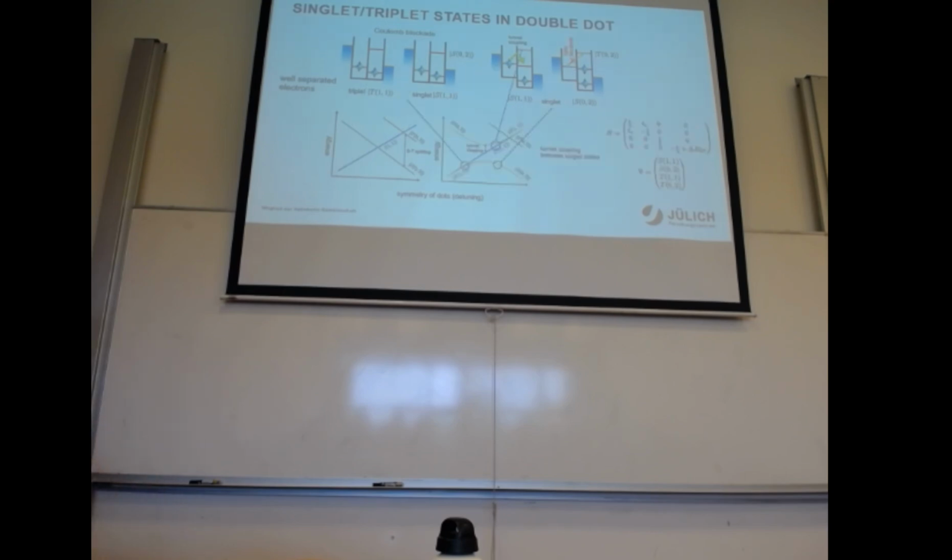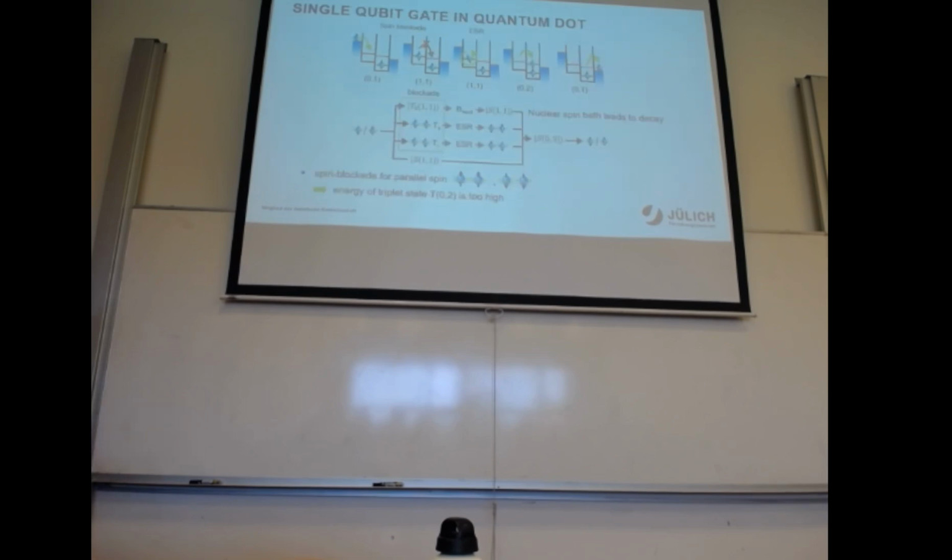Now, if we turn on this tunnel coupling between the dots, you get an energy splitting here, and you can see that you can stay in this state, but this one here, you can hop over to form the singlet 0-2, but the triplet 0-2 is not possible.